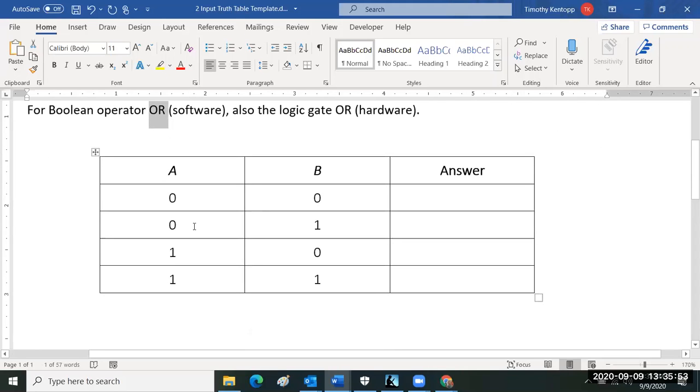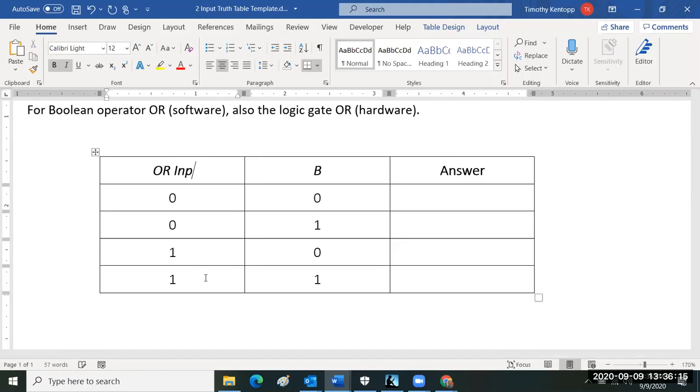So if we're doing a truth table, and this is a truth table, right? We have a column A because we've decided to call the first input A. We could say that we're going to call the first variable or input A. Okay. So this is the Boolean operator or, and or input B.